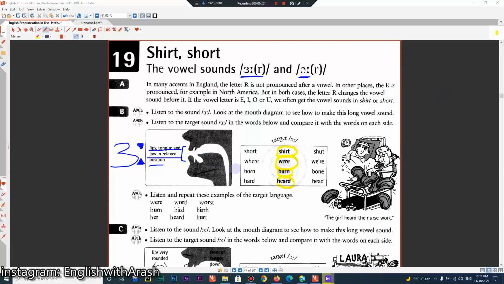So here you see the difference. Short, shirt, and shot. Where, were, we're. Born, burn, born. Now you might ask me, teacher, what is the difference between this and this? Well, you can check the dictionary, actually.